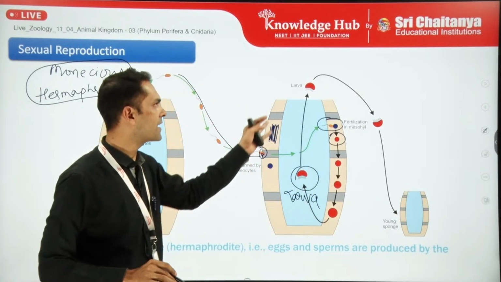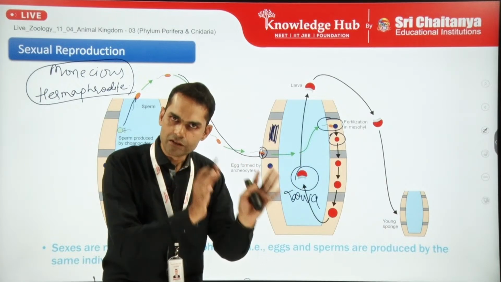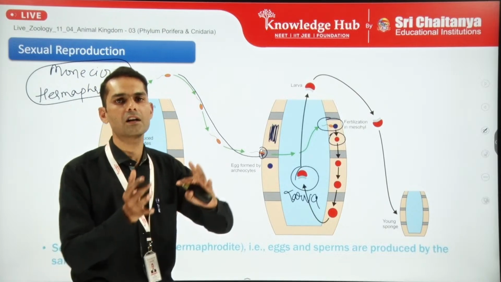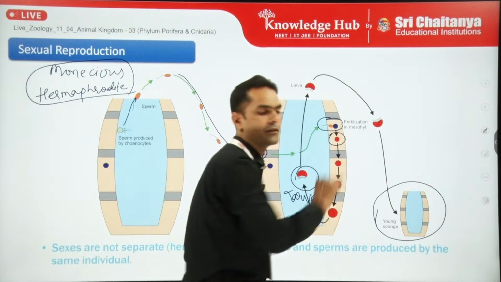And when this larva exits through the osculum, it gets attached to a solid substratum, and then through the process of metamorphosis, this larva transforms itself into the adult young sponge individual.